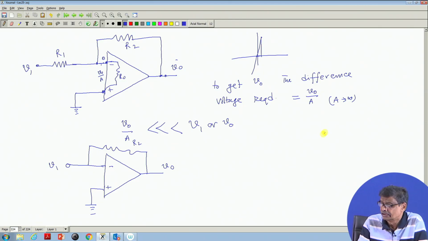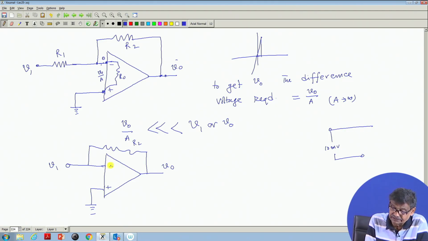What is the point in a circuit if you are applying, say, 10 millivolt, and you are saying that in this branch no current is flowing and the voltage existing is very nearly 0? Therefore, no current flows here.